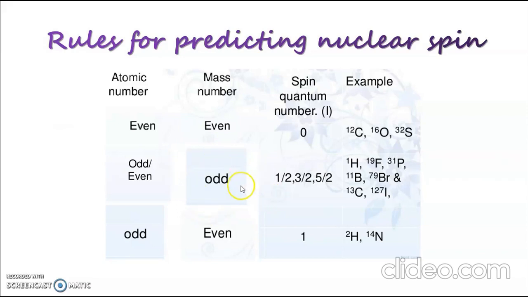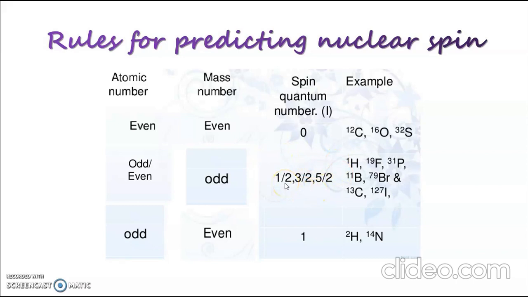Next, if the mass number is odd, this is the only criterion. Atomic number can be odd or even. If the mass number is odd, then the examples are hydrogen, fluorine, phosphorus, boron, carbon 13, all of which have spin I as a half integer.